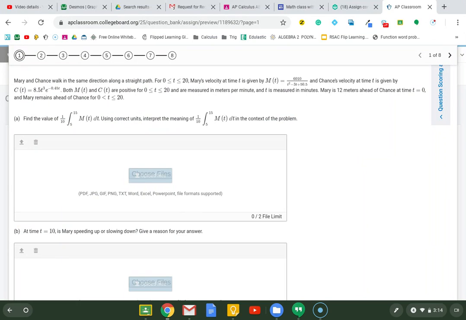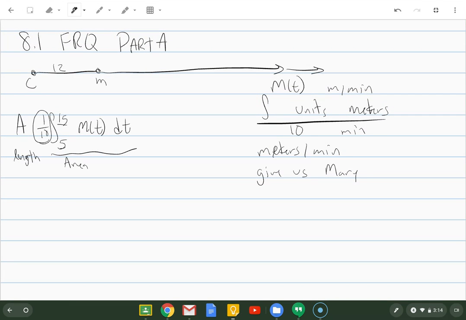Her name is Mary. Yep. Mary's average velocity in meters per minute for 0 is less than or equal to t is less than or equal to 20. It's going to give us Mary's average velocity for the time that we're looking at. Okay? So that's what really we're looking for right here on this part.